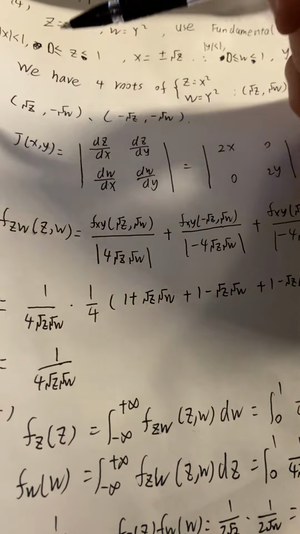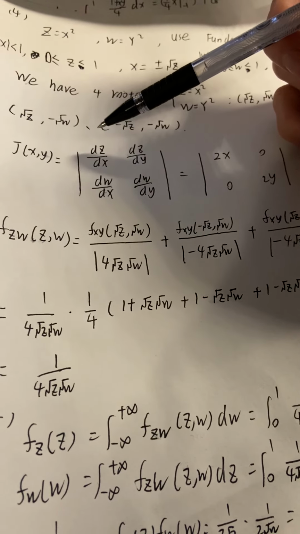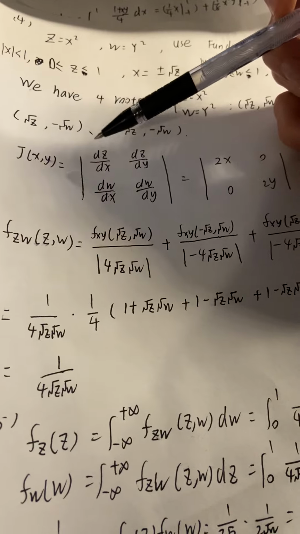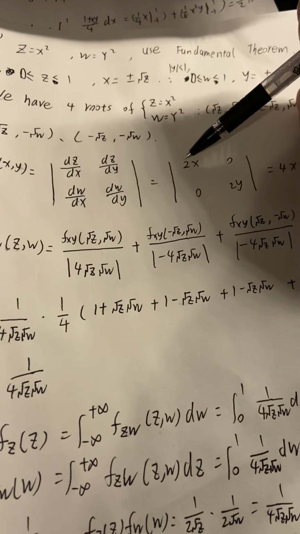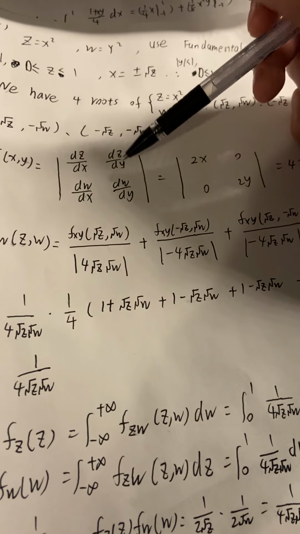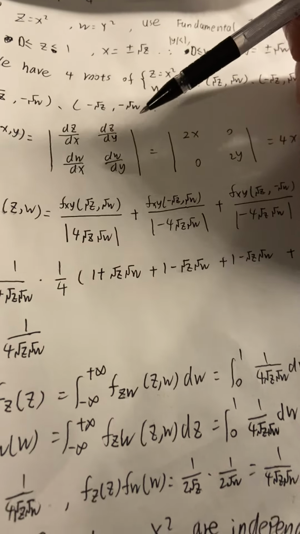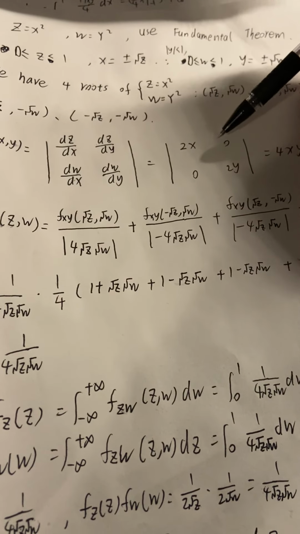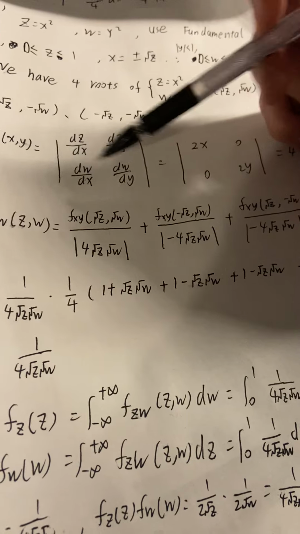The Jacobian of x, y is the derivative of z with respect to x, so it is 2 times x. The derivative of z with respect to y is 0, and the derivative of w with respect to x is 0.